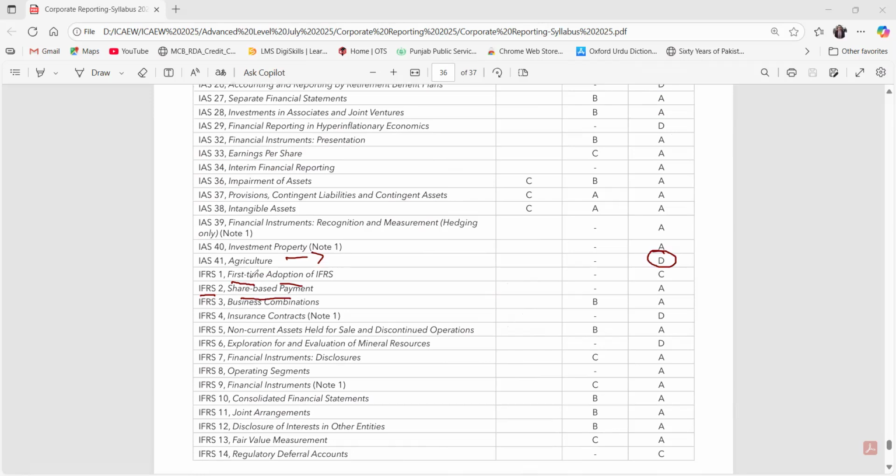They also give them shares so they can work with the company for the next few years. That is basically share-based payment. So if you are going to pay them in shares, either in equity or cash or with choice of settlement, how you are going to record them, how you are going to treat them, that is your share-based payment basically.